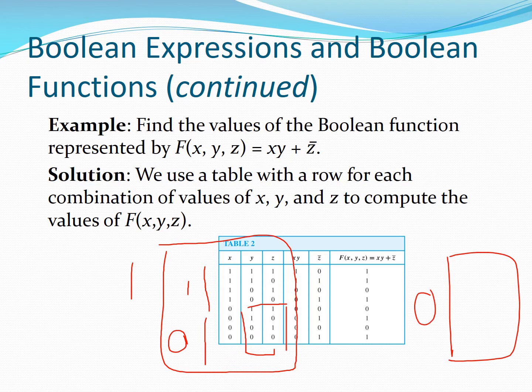Now you're going to evaluate the value of the function x times y plus z bar, and you're going to build it up by finding the operation between 2 variables at a time and building it upwards. The first thing you do is find the values of x times y, then the values of z bar, and then you put those two together to give you the actual function x times y plus z bar.